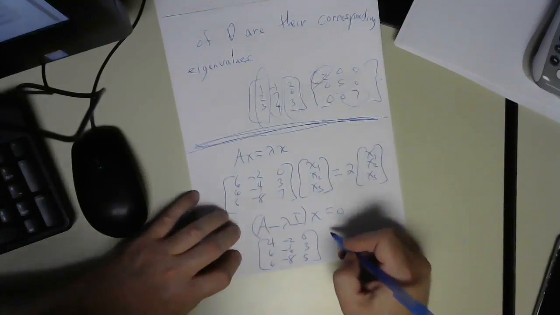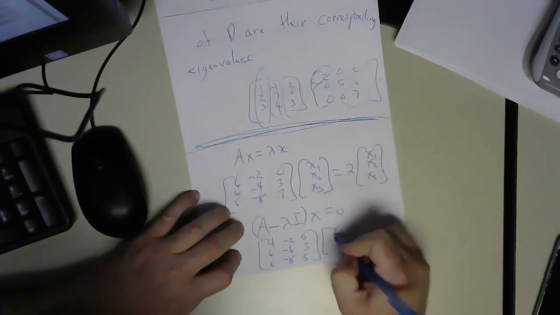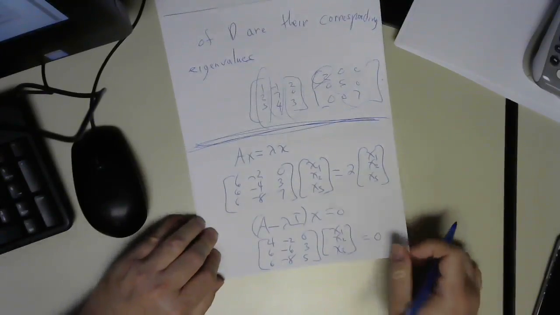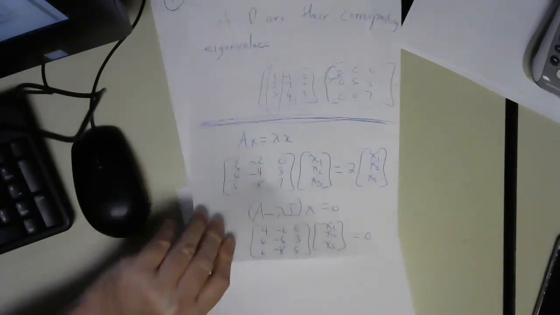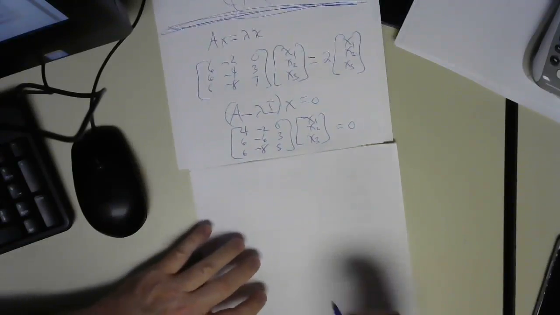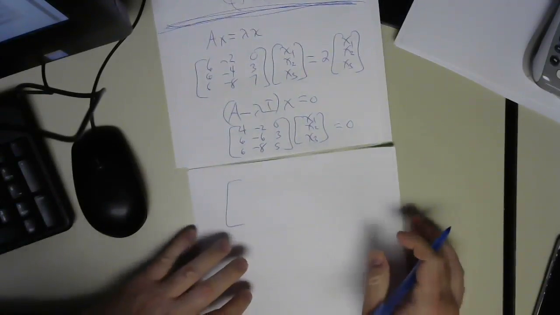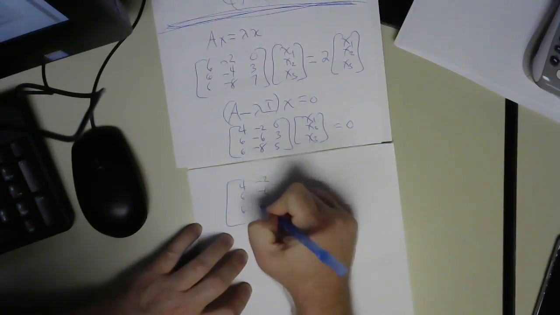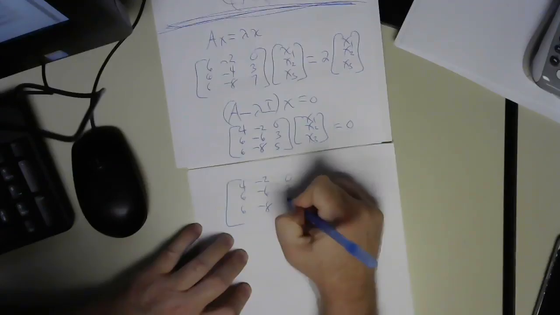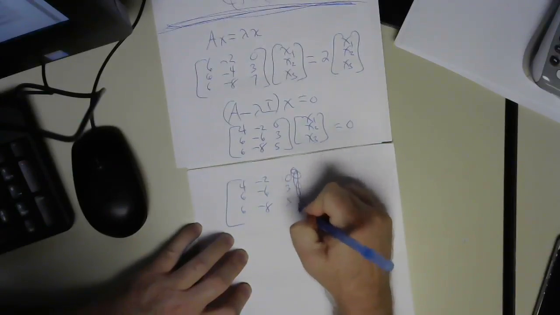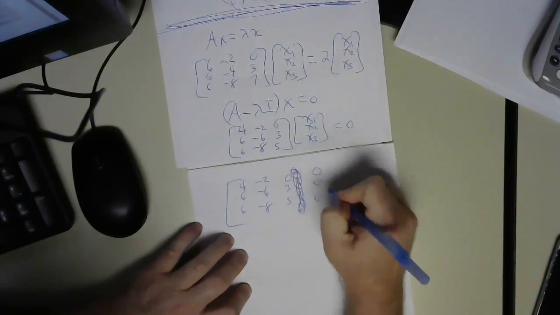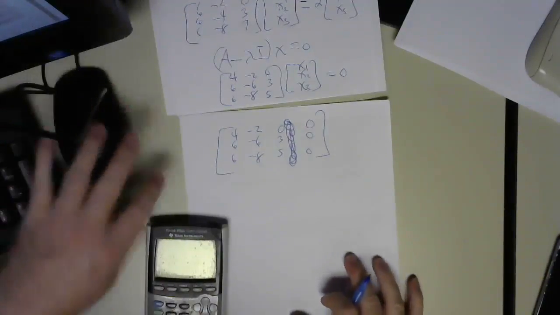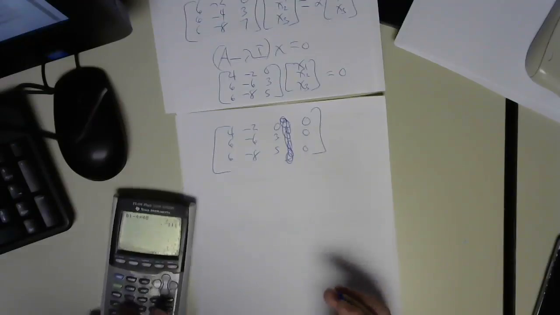Okay, and here's x. So we're solving this thing for x. And so as always, we write down the augmented matrix of the system and look for solutions. So I will insert a column of zeros there. Let's put this thing in reduced row echelon form real fast with a calculator.